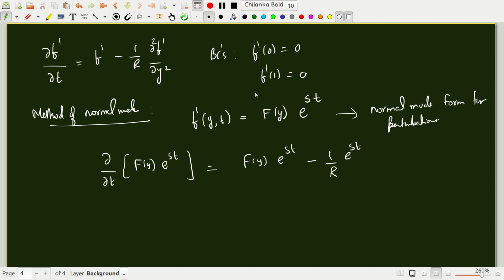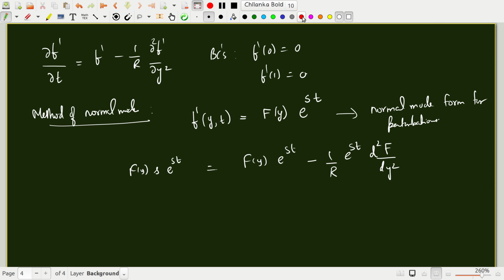Because the function F is only a function of y, the partials will become ordinary derivatives. Now on the left side, you take a time derivative. F of y is independent of time, so you'll simply get F of y s e to the st.